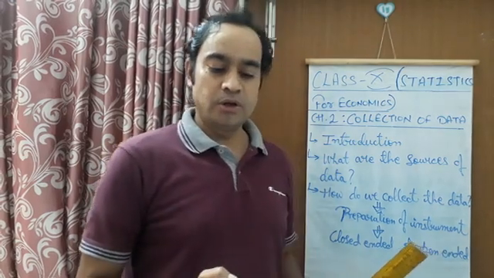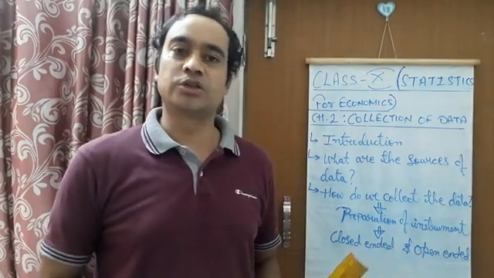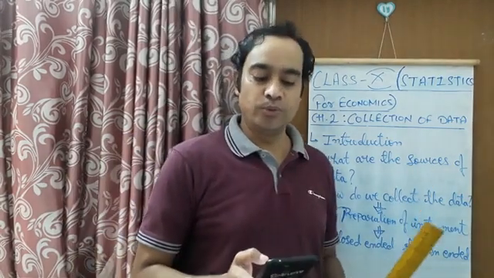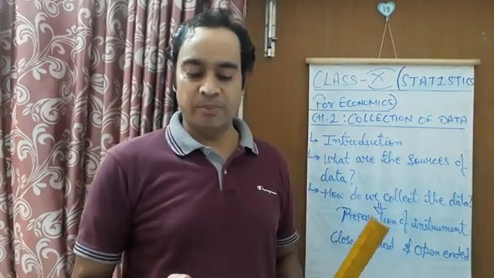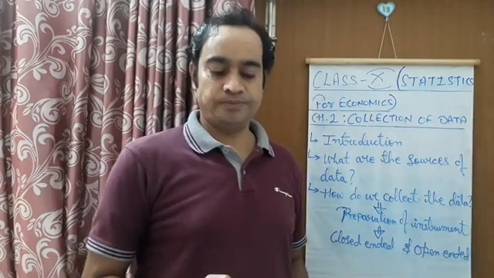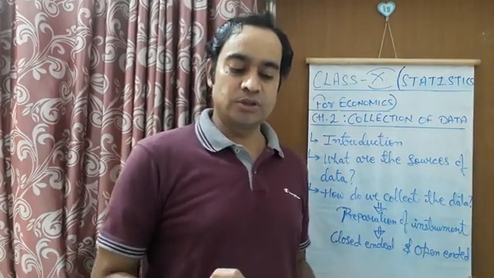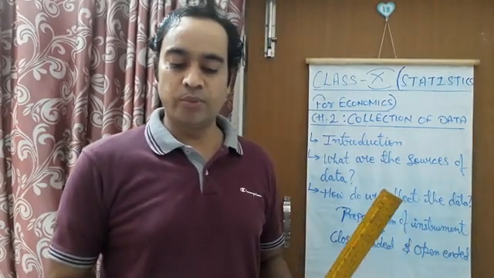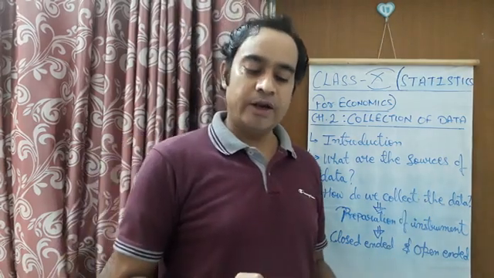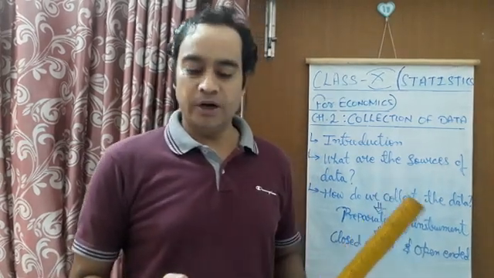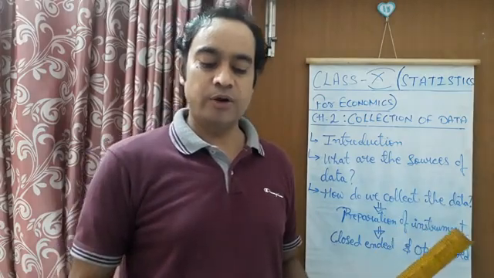In economics, often you come across statements like this. So in economics, we are going to find statements like, after many fluctuations, the output of food grains rose to 132 million tons in 1978 to 79, from 108 million tons in 1970 to 71.